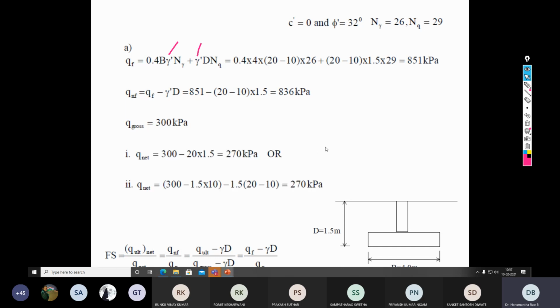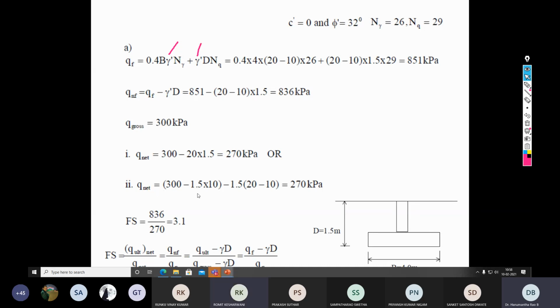So for the factor of safety, Q net is nothing but Q gross minus gamma Df. So your factor of safety is Q ultimate minus gamma Df, that is Q net allowable, divided by Q net.